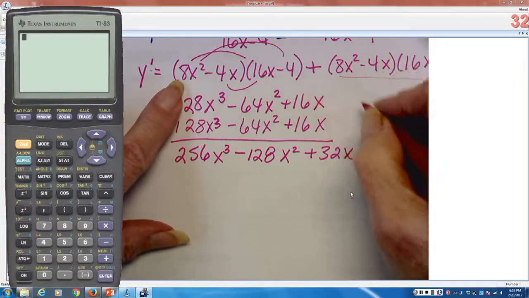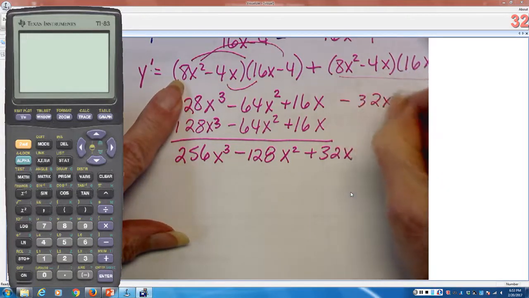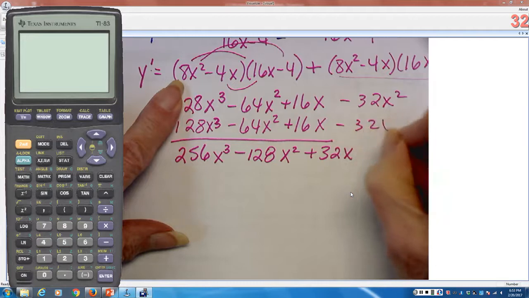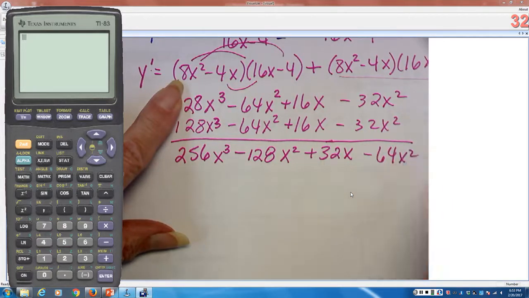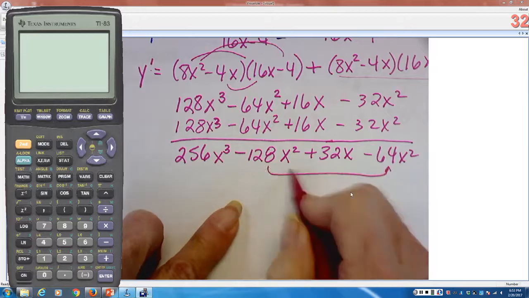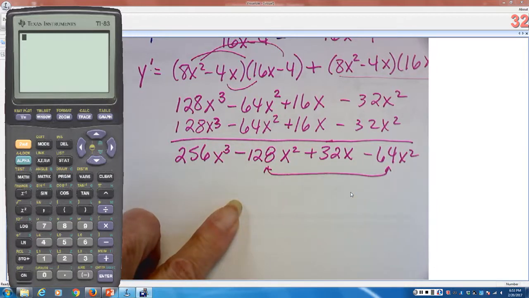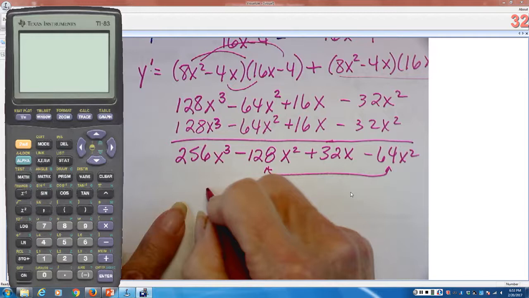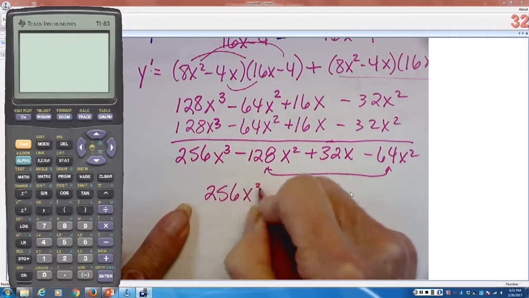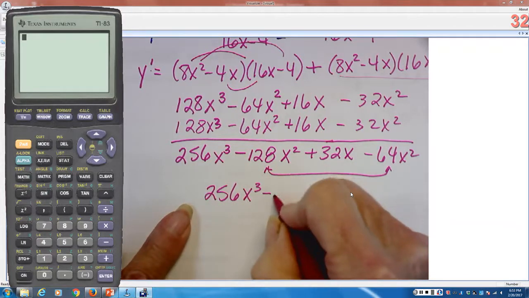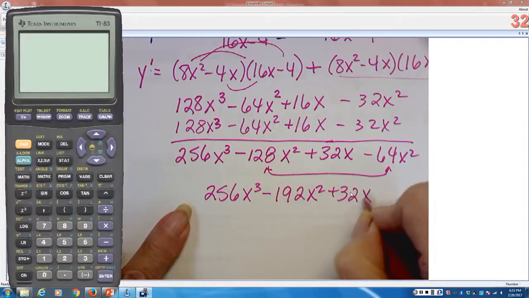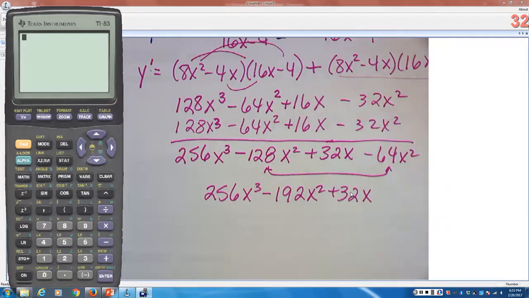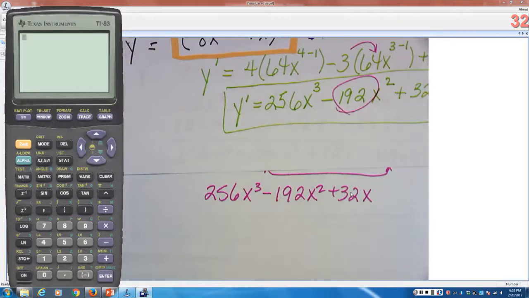And negative 4 times 8 would be negative 32x squared, negative 32x squared, which would be another negative 64x squared, and when I combine those two, I'm going to get the 192. So they do match. We do get the same answer. Okay?